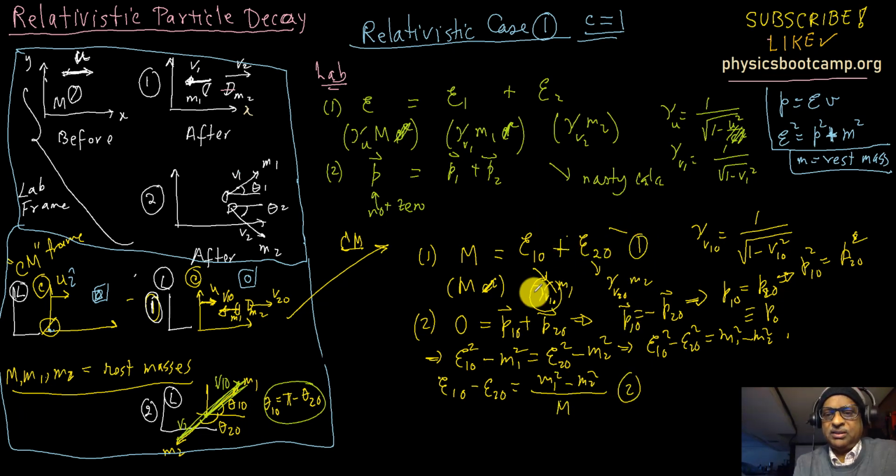From these two equations, I can add and subtract and already solve this. E10 is equal to 1 over 2M, add them up, right?